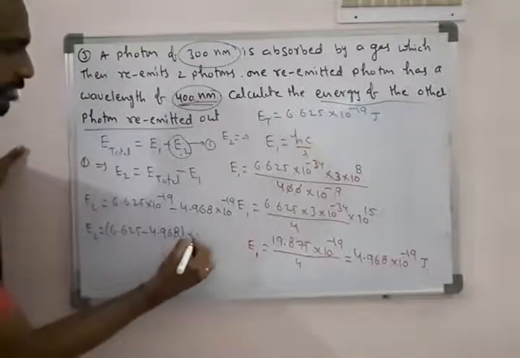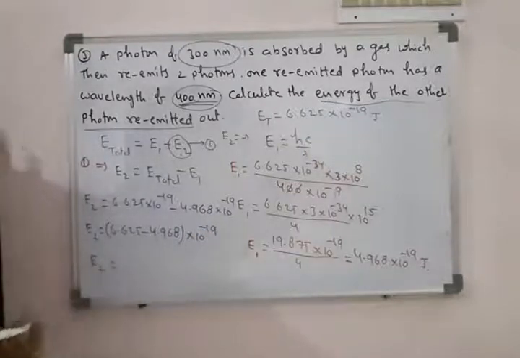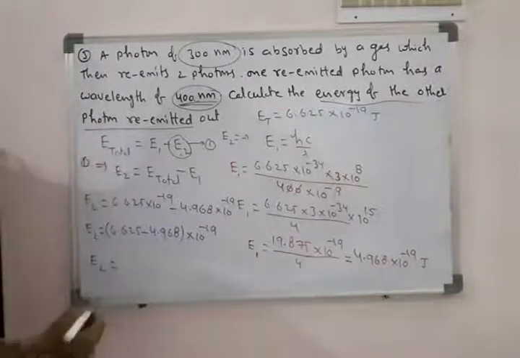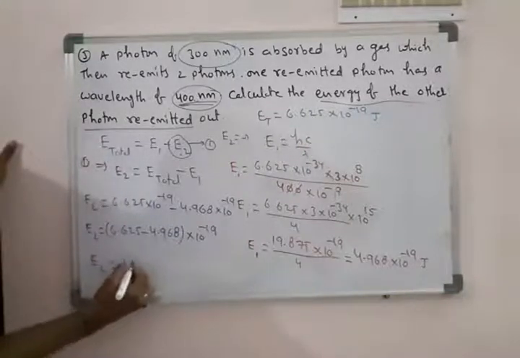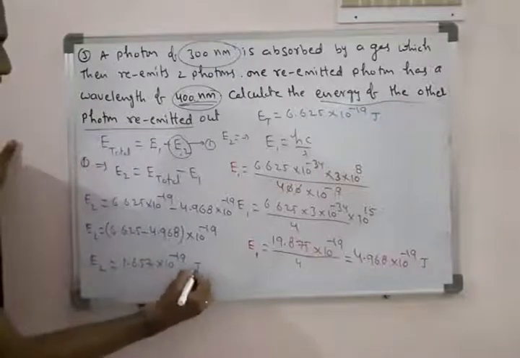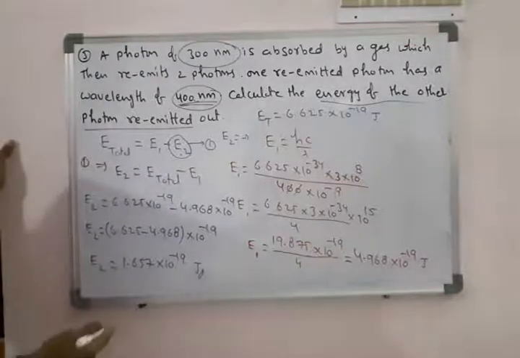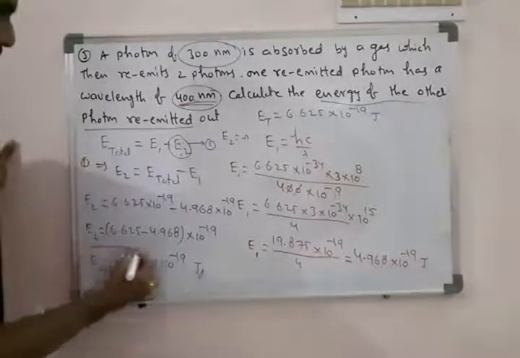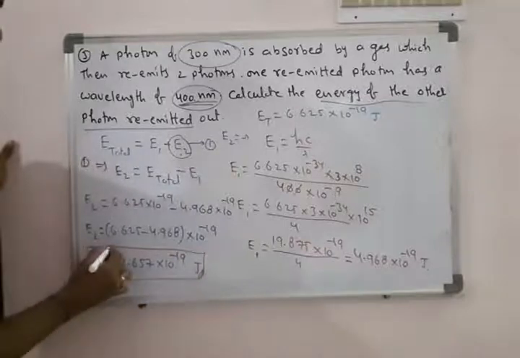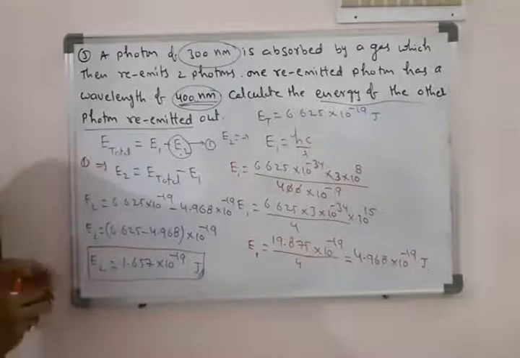Taking out 10 to the power minus 19, finally we get the energy of the re-emitted photon, E2, the final answer, as 1.657 into 10 to the power minus 19 joules. This is the energy of the second photon, which is re-emitted.